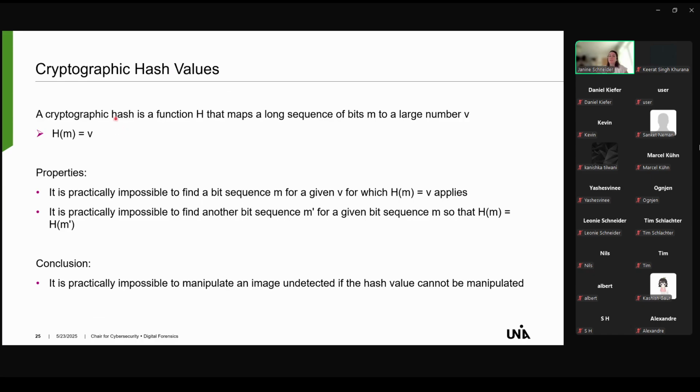And using that for integrity checking works because the function has certain properties. For example, it is practically impossible to find a bit sequence M for a given V, for which the cryptographic hash function generates V.